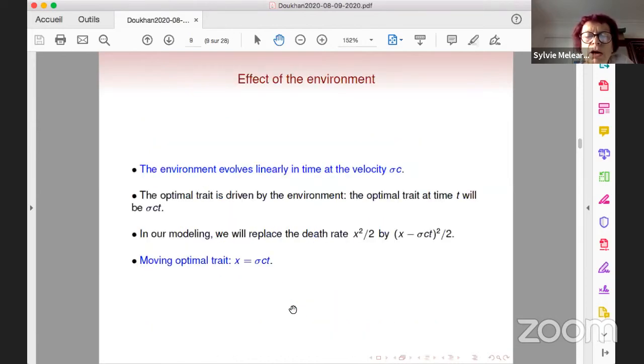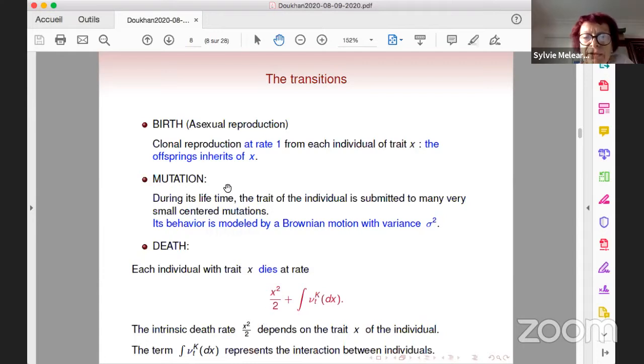And now, this model is on a fixed environment. And if you forget the ecological term, the ecological death rate, you see that here the mortality rate is x squared, and then it will be, of course, 0 if x is equal to 0. So from the evolutive point of view, the optimal trait is 0, because you have a fixed birth rate and this death rate, which is 0 at 0.